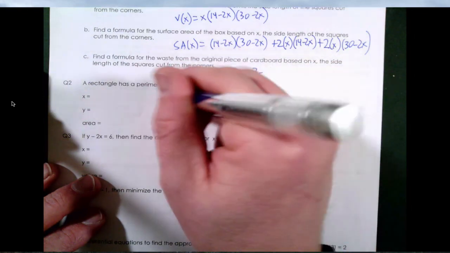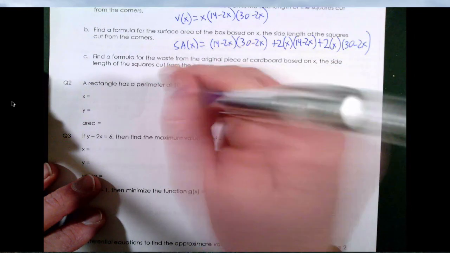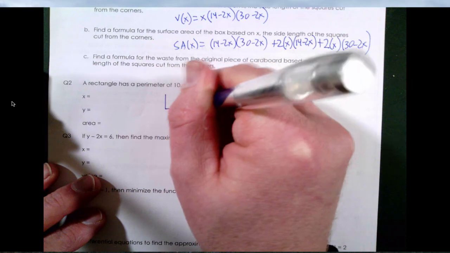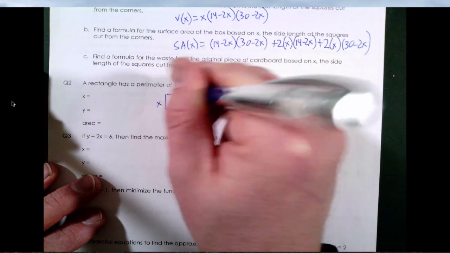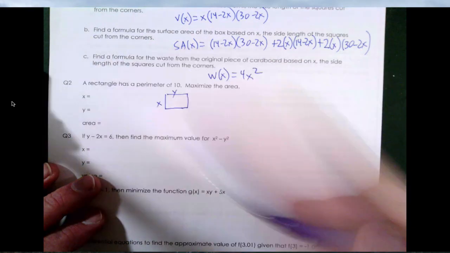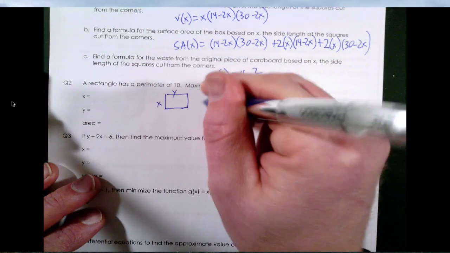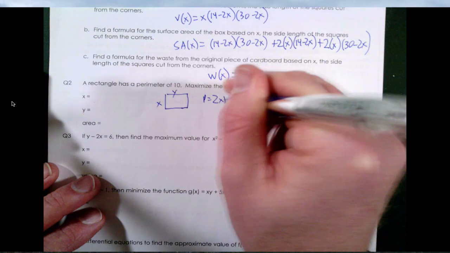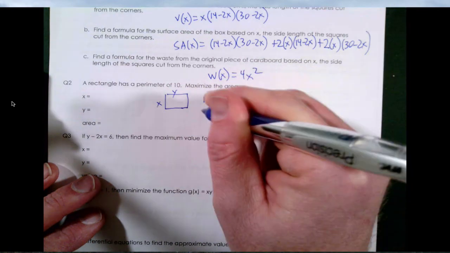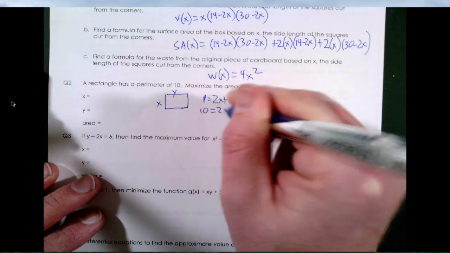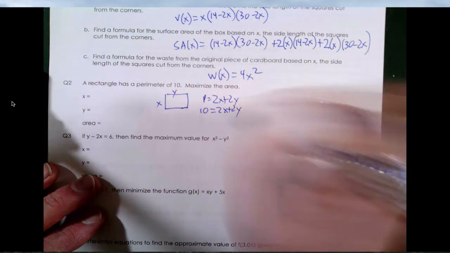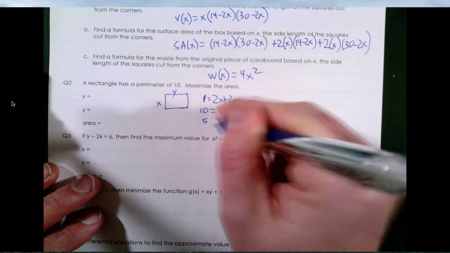If I have a rectangle with a perimeter of 10, let's draw it. x is the width, y is the length, and the area we're going to find. The perimeter equals 2x plus 2y. We know that the perimeter is 10. I'm going to divide everything by 2 and move x over.